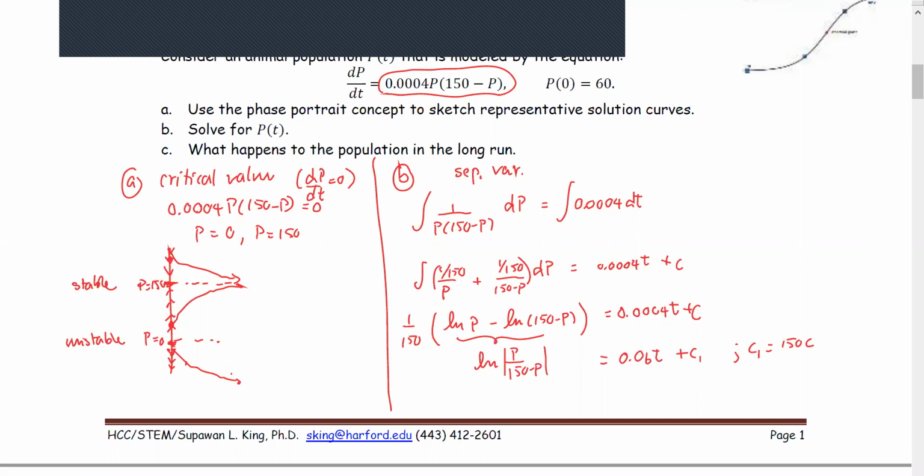Now we are going to use the initial condition, when t equals 0, P equals 60, to find C or C1.